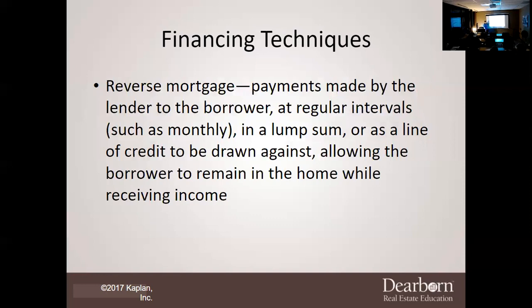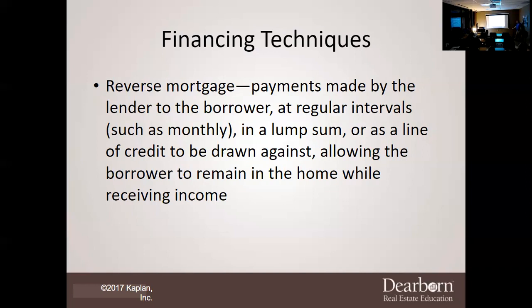Now, a reverse mortgage is great if you're dealing with an older couple or even just an older individual. Say, for example, that you know someone who just recently lost a family member, say their husband or their wife, one of the two. They're an older person, they've lost that individual. A reverse mortgage might be an option for that individual.